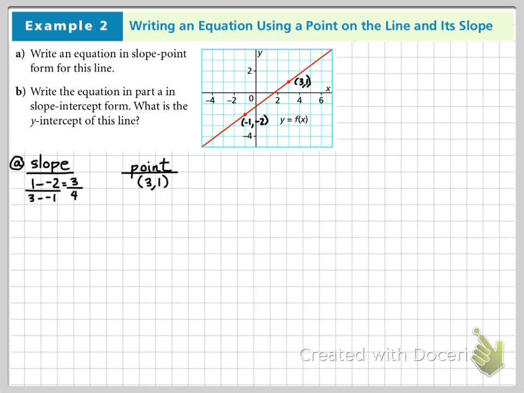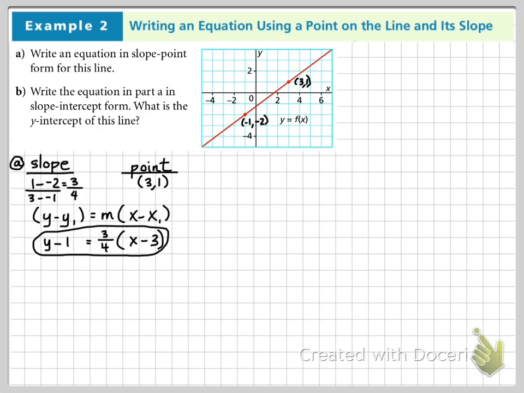So my equation for my line in slope point form would be y minus 1 equals the slope, m, 3 over 4, times x minus 3, because that's the x coordinate. And there we go.